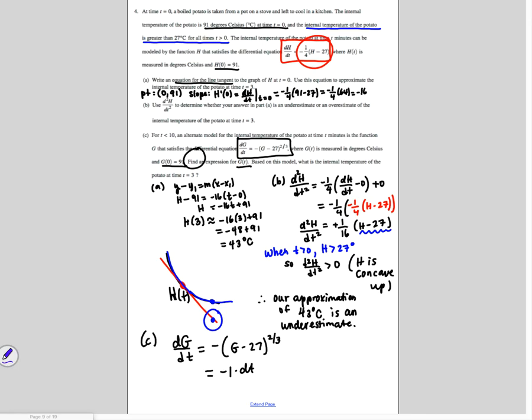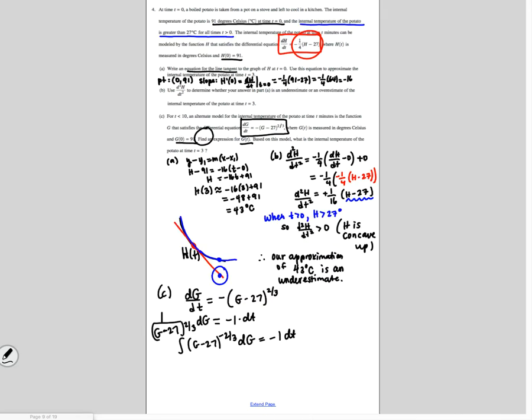So I'm going to have 1 over g minus 27 to the 2/3 dg. All right, so this ends up being the integral of g minus 27 to the negative 2/3 dg equals negative 1 dt. And I could have brought the negative 1 to the other side too. I didn't have to leave it on that side.